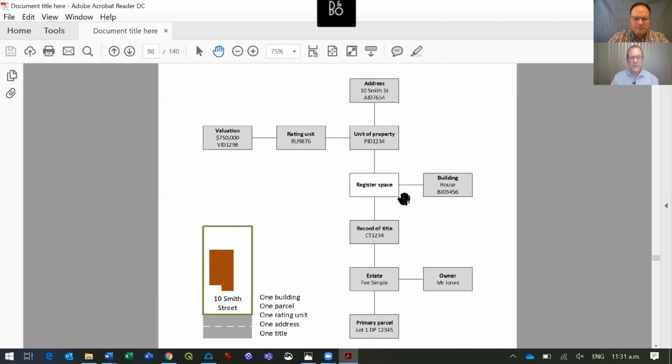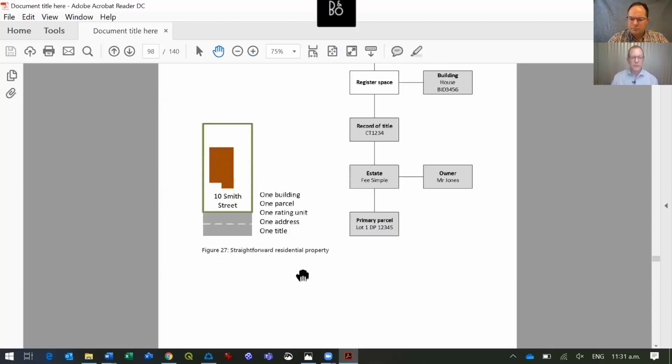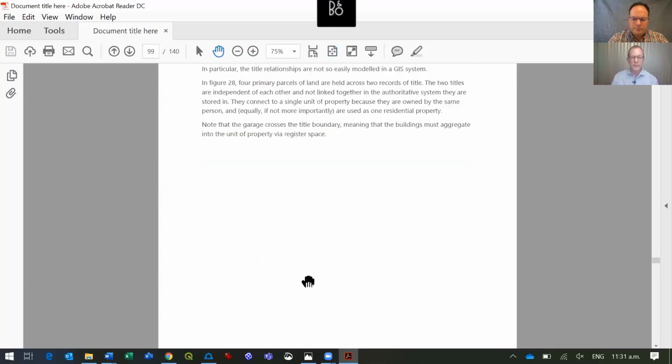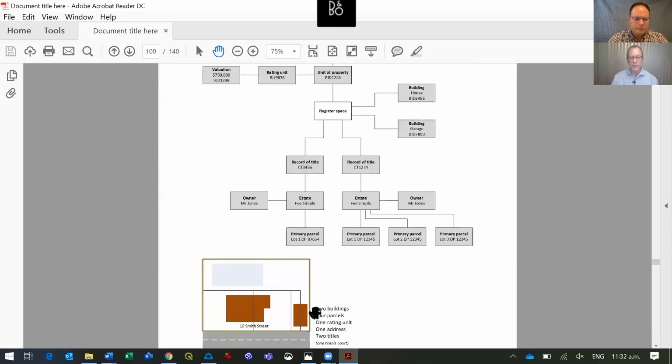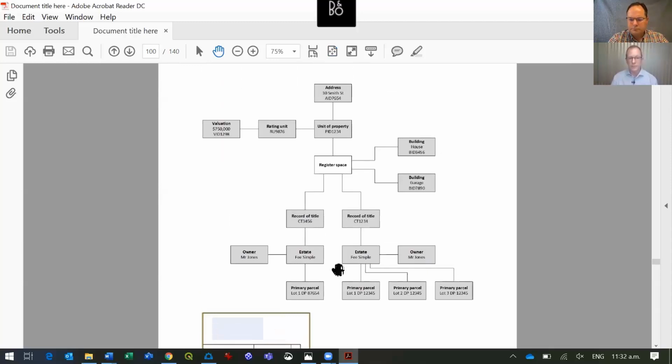So this is an example of what a very straightforward property would look like if we use the PDMF to model that property. So this is the instance where we only have one of everything. So there's one parcel, one title, one rating unit, one address. We know, of course, that there are many other sorts of property that get more difficult, for instance, where you have several parcels and several titles and several buildings.